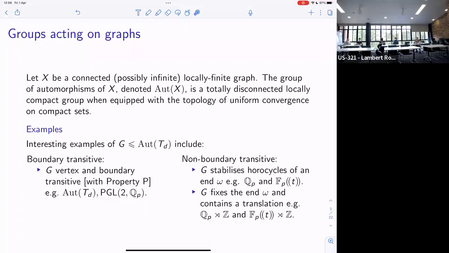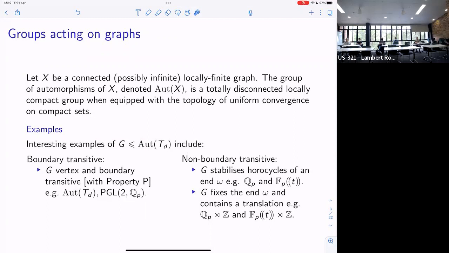So amongst the boundary transitive groups, generally ones that act transitively on the vertices and the boundary and sometimes satisfy other group theoretic properties, such as property P, are of interest, both from group theoretic and representation theoretic perspectives. Don't worry if you don't know what property P is.